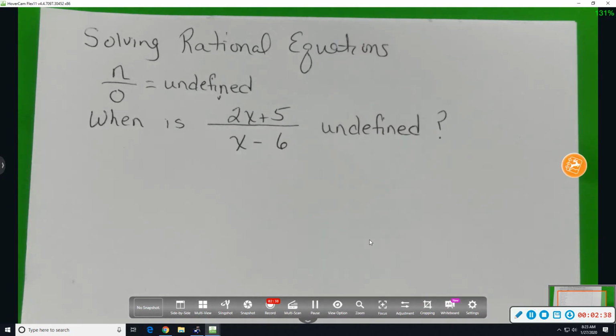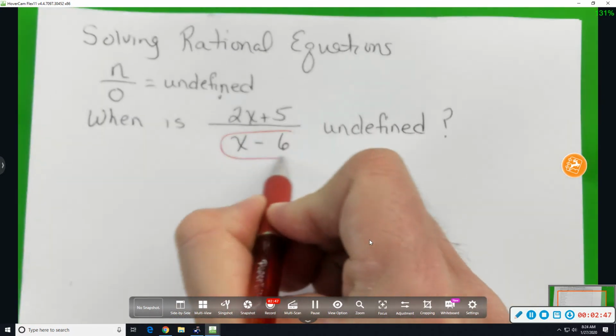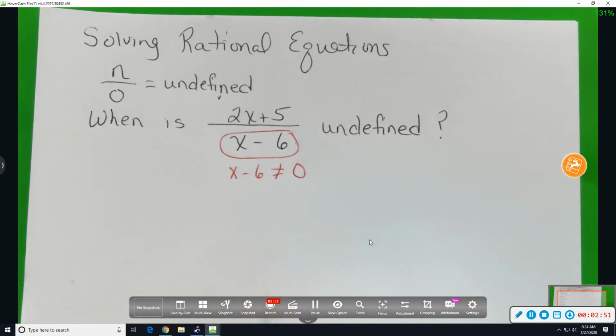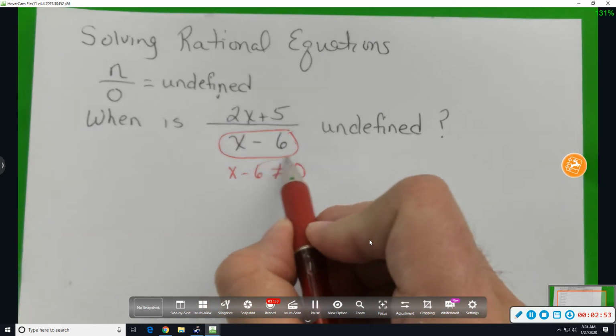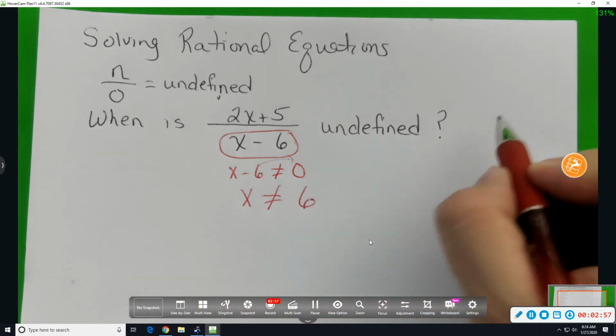What value of x would make this fraction undefined? A positive 6, yes. This bottom here cannot be 0. And therefore, solving this for x, x can't be positive 6.